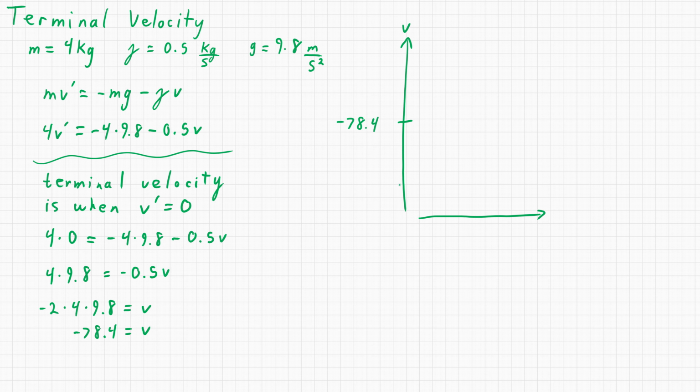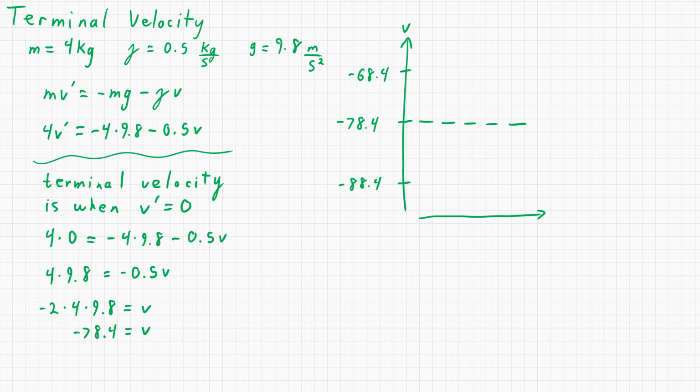And just so we have a little bit of reference, let's say this is negative 88.4. And up here we'll have negative 68.4. I'll leave those in, but I really wish I had done flat lines. So right in here, we've got the terminal velocity. So v prime is 0 at negative 78.4. So this one is a bunch of horizontal lines.